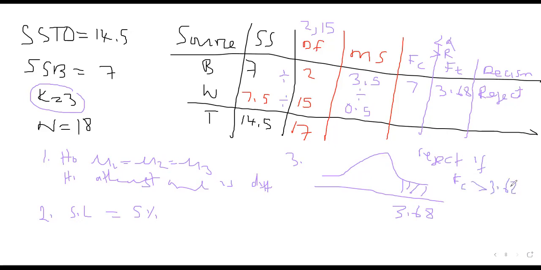I just extended the table for you so that you don't lose your marks. Most students lose marks here because they don't know how to make a decision. Then step 4, we make a decision: reject H0, meaning there's a statistical difference.